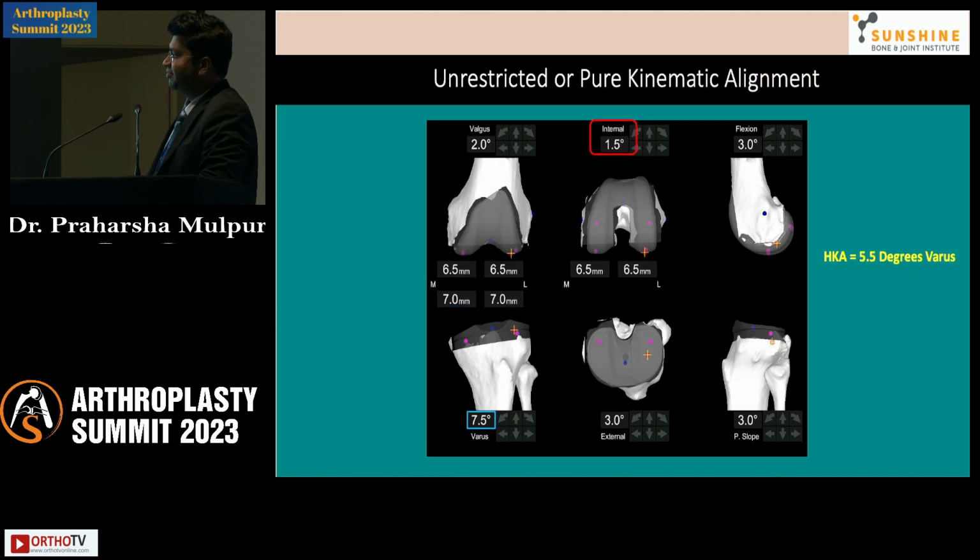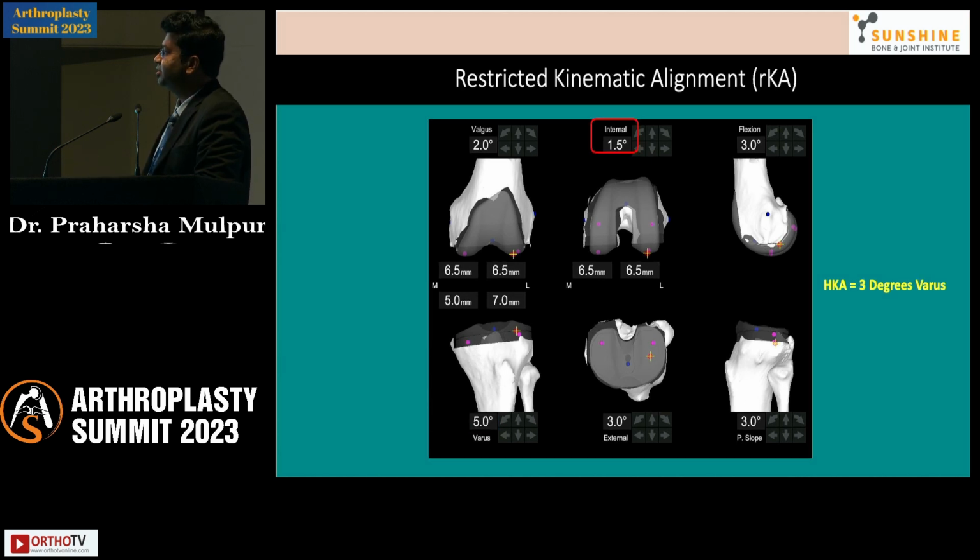You can see that 7.5 varus on the tibia, which is obviously probably unacceptable to most surgeons, and valgus of 2. And you can see that usually restricted kinematic or kinematic always places your femur component in a degree of internal rotation as compared to mechanical alignment. So here the HKA is 5.5 degrees of varus. So probably people who are doing pure or unrestricted kinematic would proceed with this sort of a plan. You would not require any soft tissue releases ideally in this scenario.